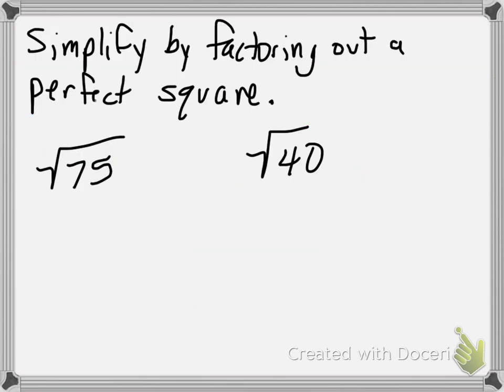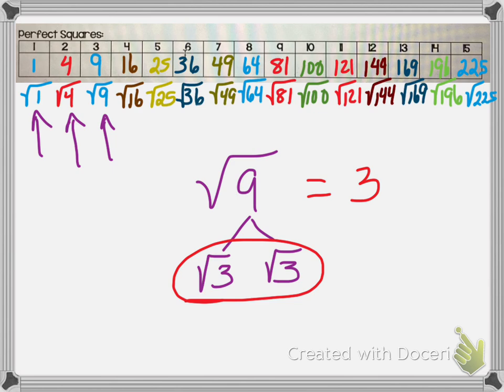Our directions on our first few problems say to factor out by using a perfect square. If I look at 75, I know that 75 can be factored as radical 5 times radical 25. Radical 25 is a perfect square. Look back here, radical 25 is right here, so it comes out as a 5.